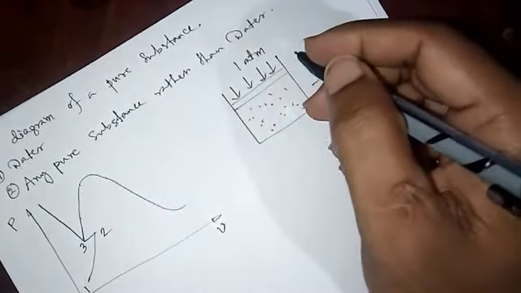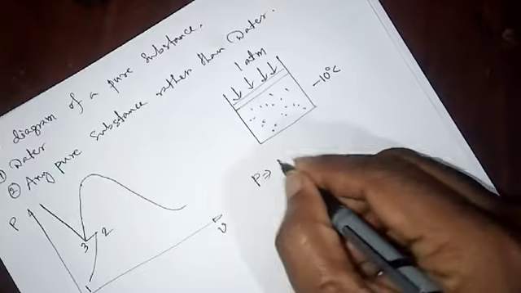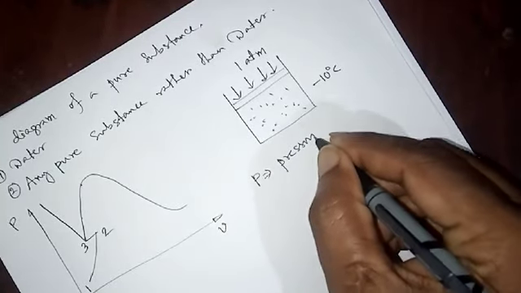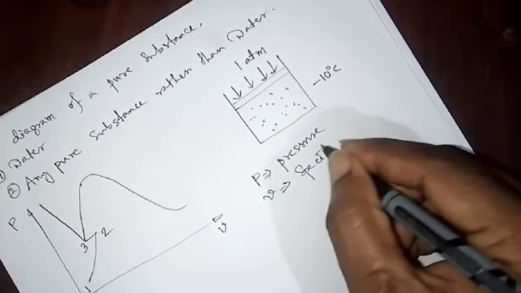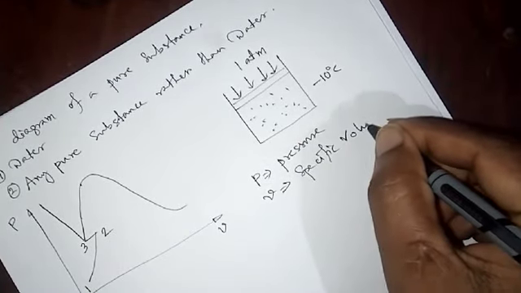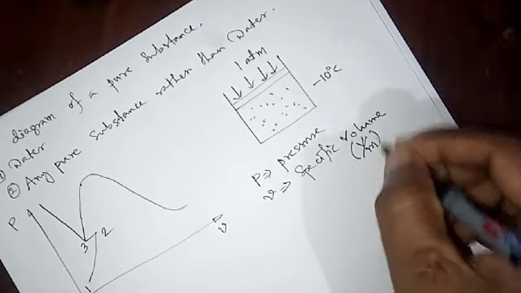So how can I draw the PV diagram of a pure substance? Here P is pressure and small v is specific volume. Specific volume means volume per unit mass.